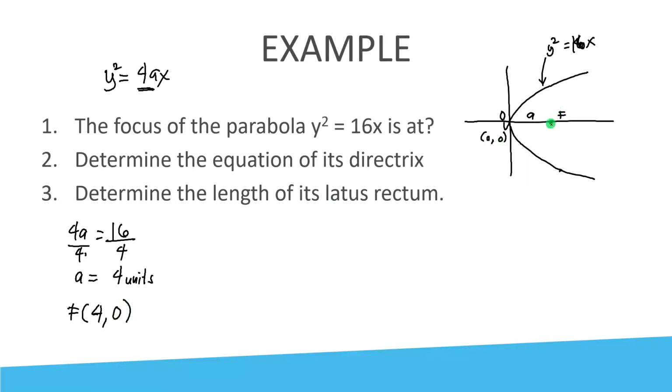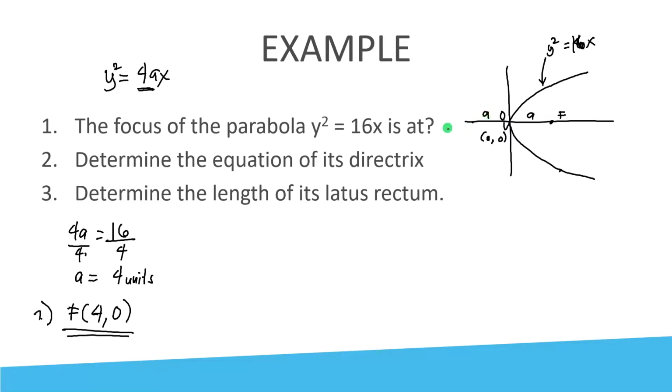Question number 2, determine the equation of its directrix. Now, the directrix is located opposite the opening of the parabola, and it has a distance from the vertex, which is a.